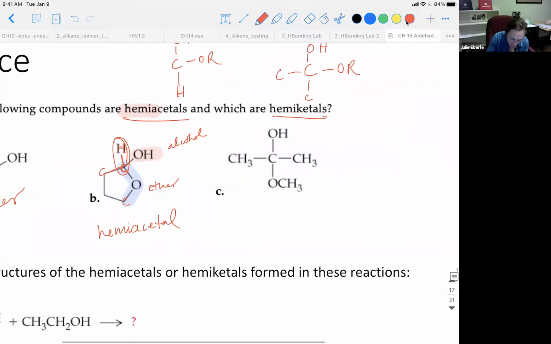Now for C, again, we have the alcohol group, we have the ether group, so now you need to ask yourself, on that middle carbon, what else is bonded off of it? Is it two carbons or is it a carbon and a hydrogen?